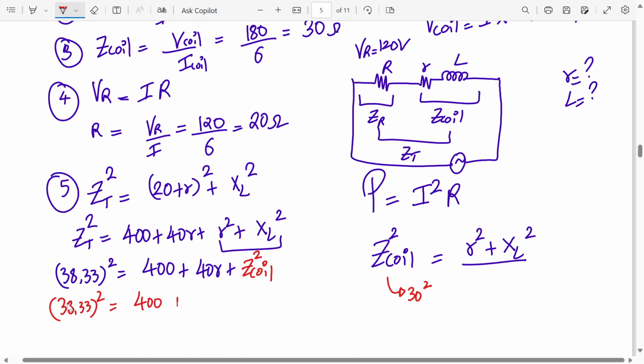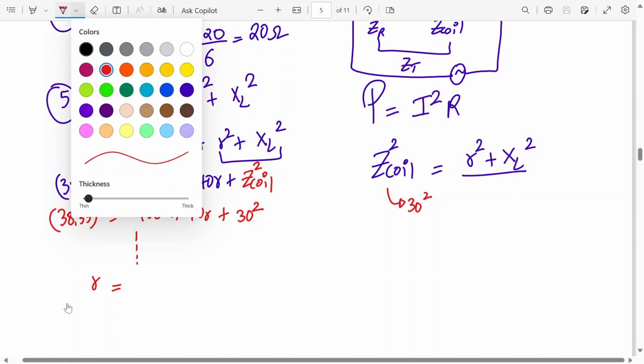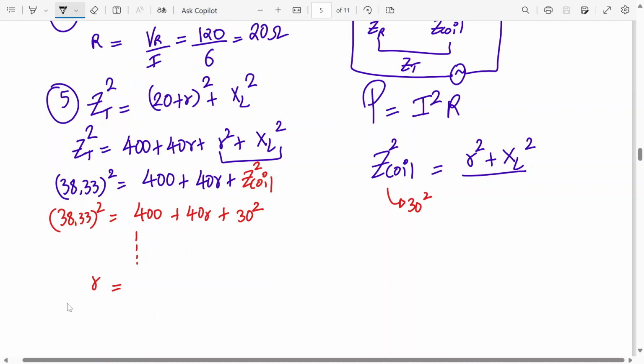It is 400 plus 40R plus 30 square. Now from here calculate R. How much is R? So it's 38.33 square minus 30 square minus 400, upon 40.